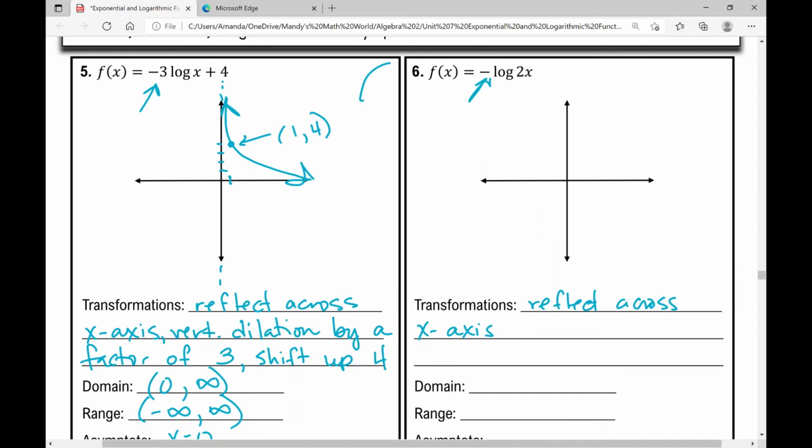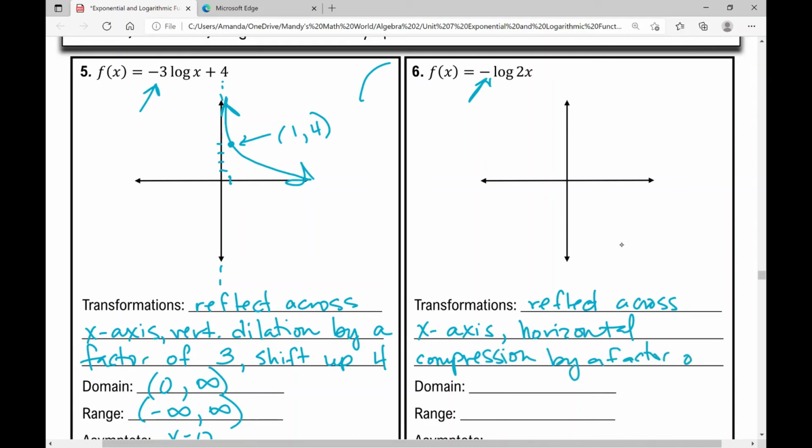It's going to affect our function horizontally. We would call that a horizontal compression by a factor of 1/2.